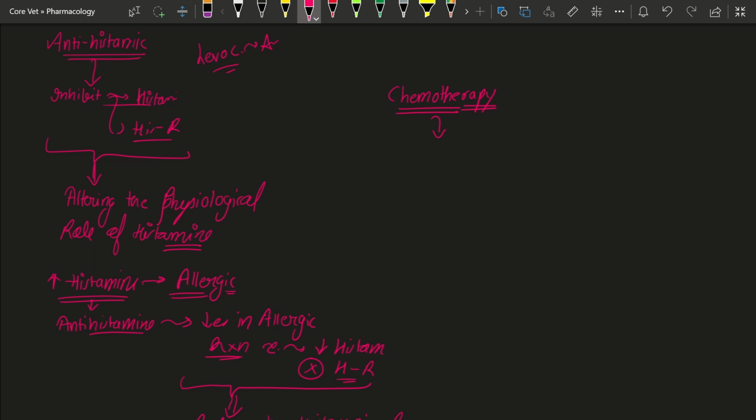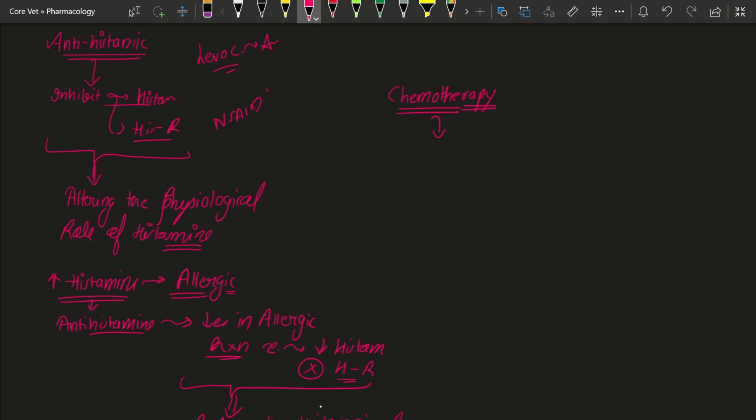Okay, so if we talk about chemotherapy, how do the class of drugs that come under chemotherapy differ from the antihistaminic? I'm just taking an example of the antihistaminics. There are several classes of drugs we can take over here, but I'm just taking antihistaminic as an example so that you can understand the difference between chemotherapy and the other classes of drugs that you had studied earlier.